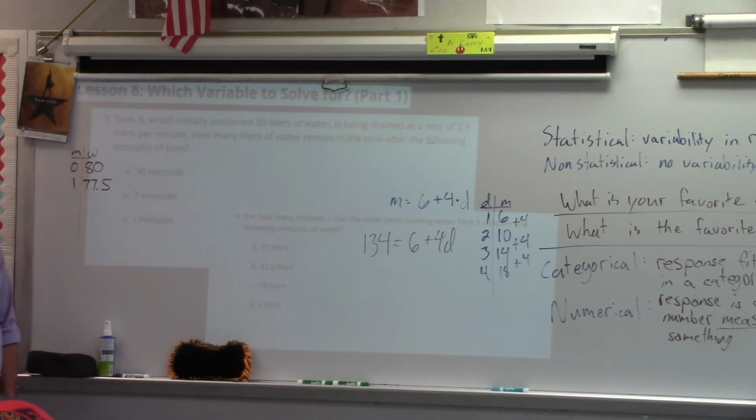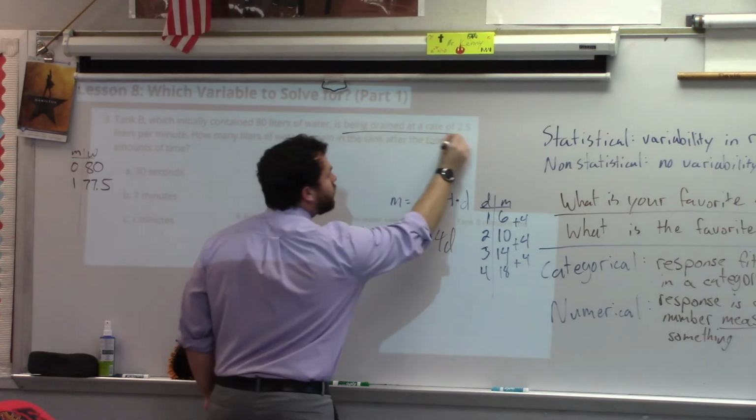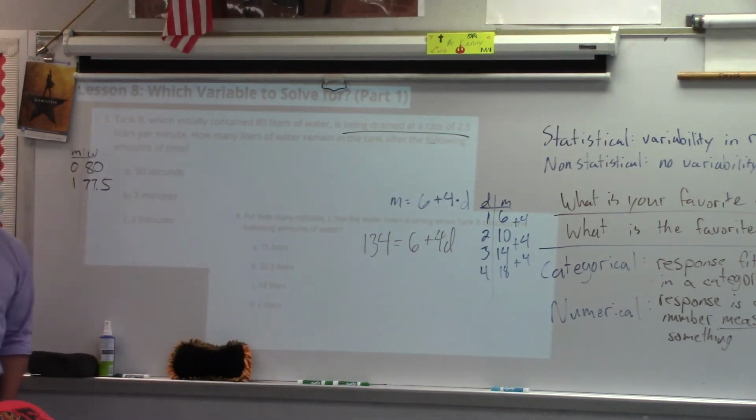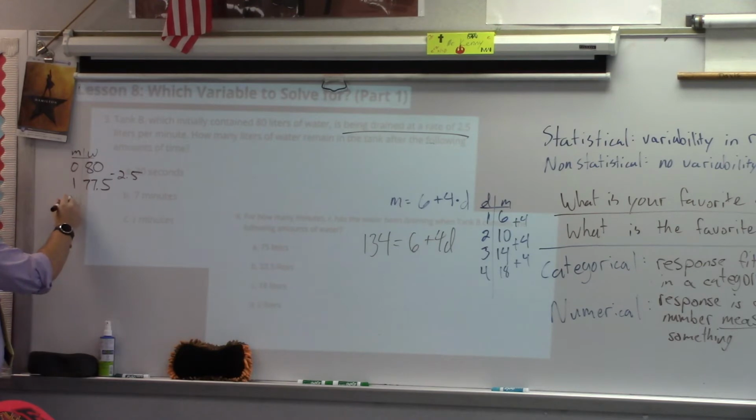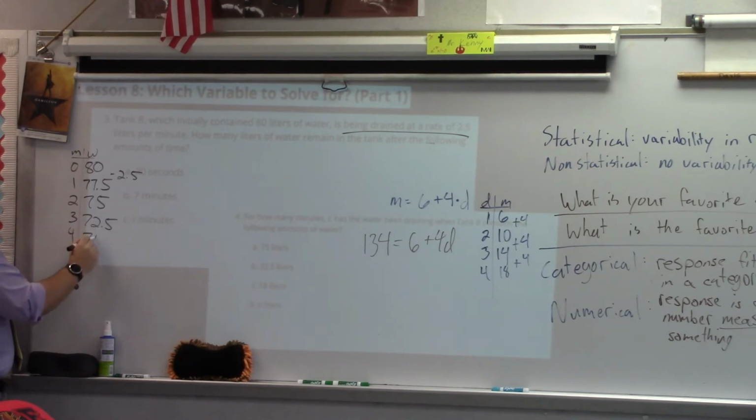It's being drained by 2.5 liters per minute. They get subtracting. What's 80 minus 2.5? 77.5. At minute 2, it would be 75. Minute 3, 72.5. Minute 4, 70.